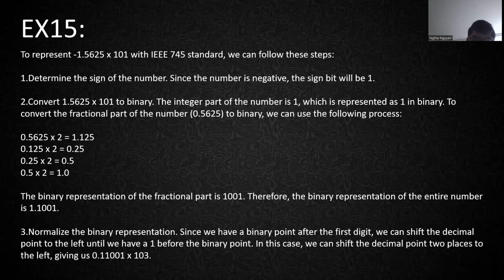In this case, we shift the decimal point 3 places to the left, giving us 0.0011001 multiplied by 2 to the power of 3.